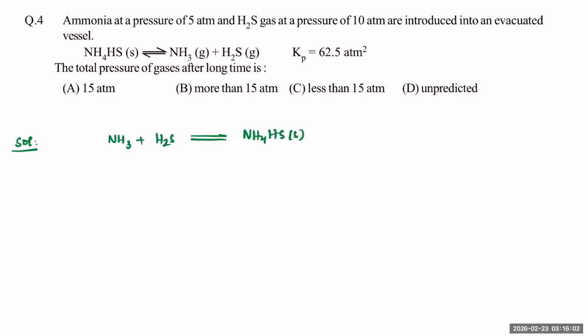And Kp value for this will be equal to 1 by 62.5. Here this is 5 and this is 10. The solid wasn't there. So you will have 5 minus x, 10 minus x amount of pressure lost. And we don't have to worry about this one.